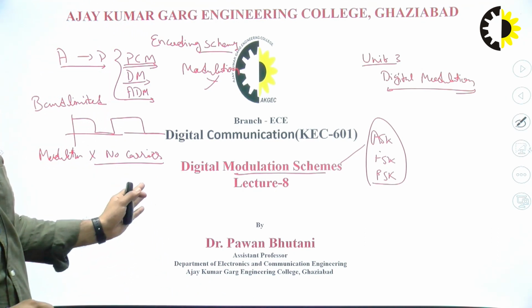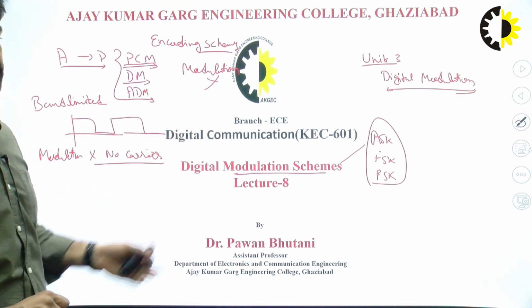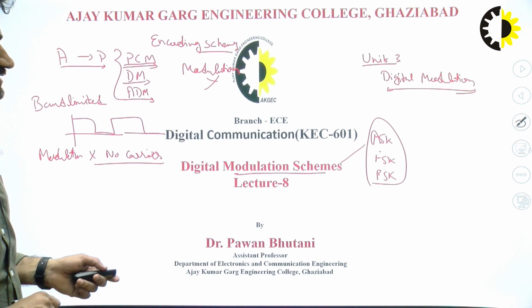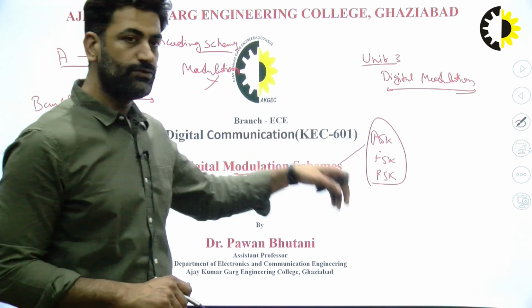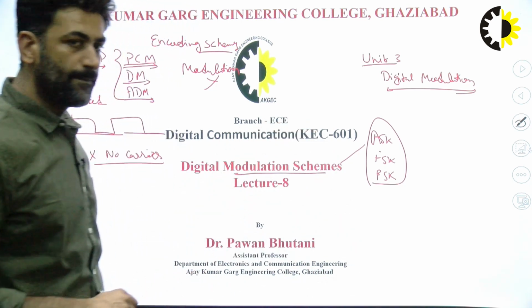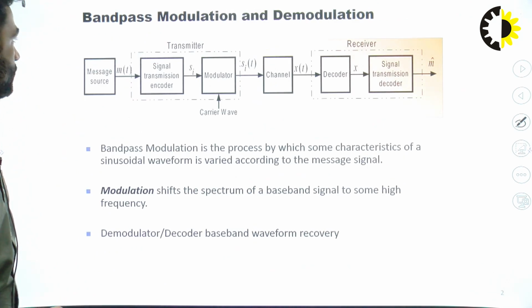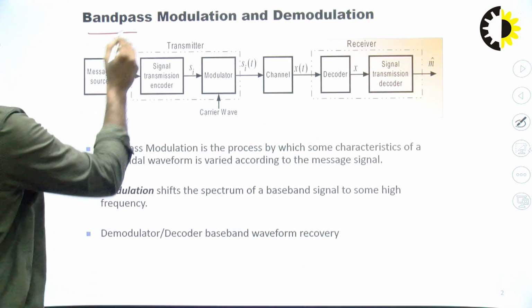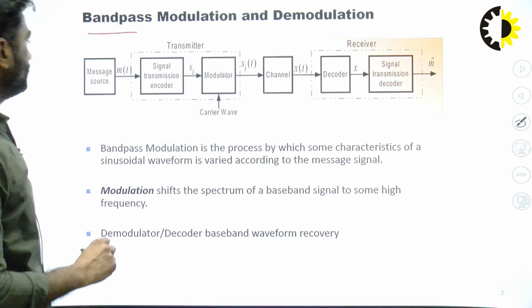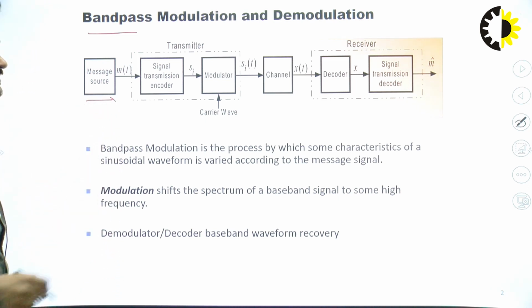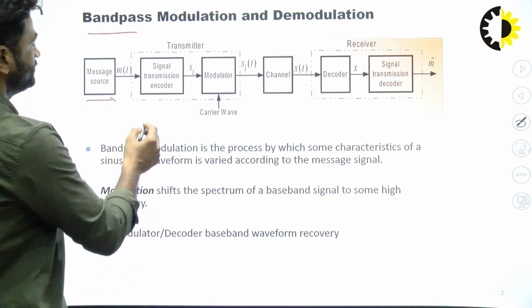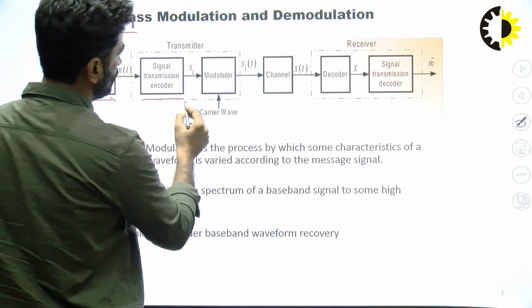Now these are the band pass modulation techniques. Here we are shifting the frequency spectrum of the digital signal and superimposing it on the carrier signal. See here, band pass modulation and demodulation. This is the message source, our digital signal, then transmission encoder, modulator.